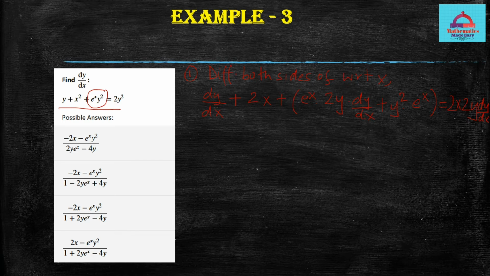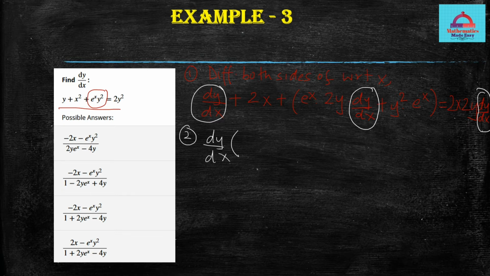Let's do now step 2. In step 2 you have to collect all the terms that have dy by dx on one side. I'm just highlighting here the terms which have dy by dx, and let's simplify them. Open up the brackets and collect everything on one side. So if I'm taking dy by dx here, I have 1 plus 2y e to the power x, and from the other side I have negative 4y dy by dx.